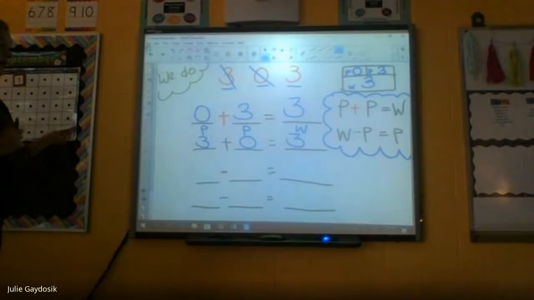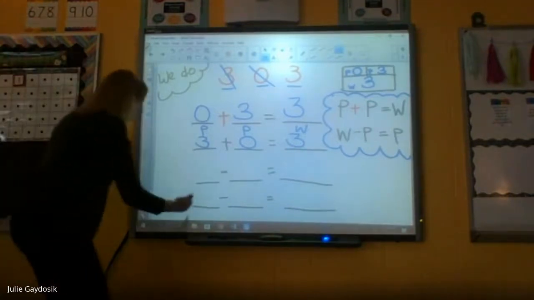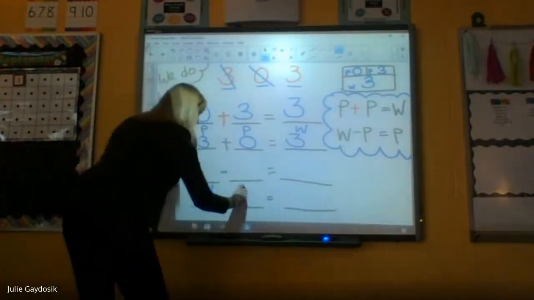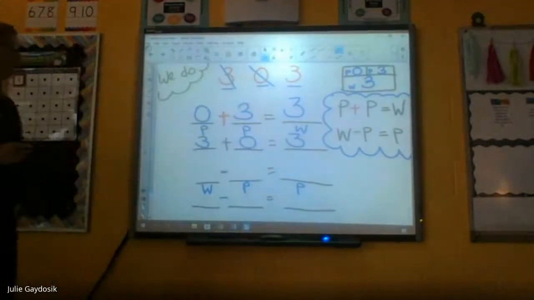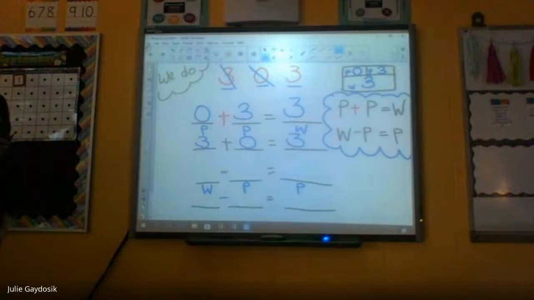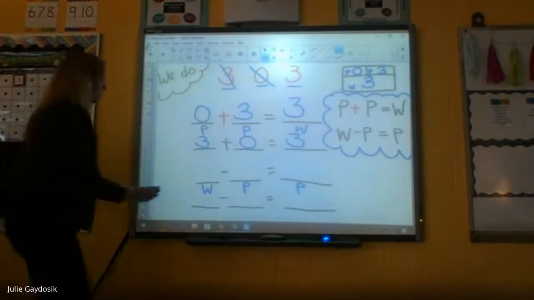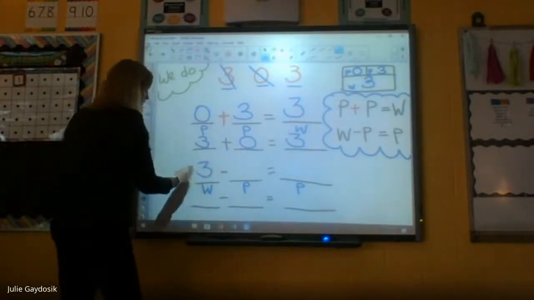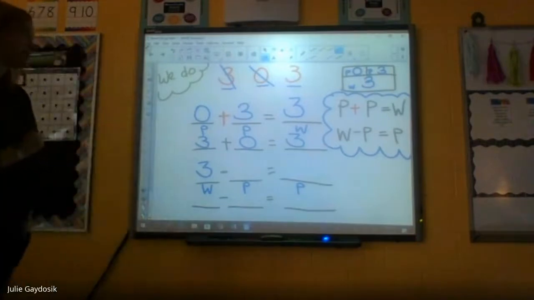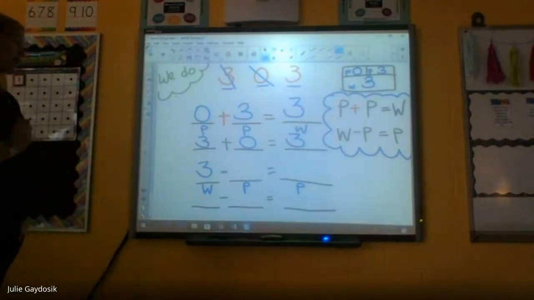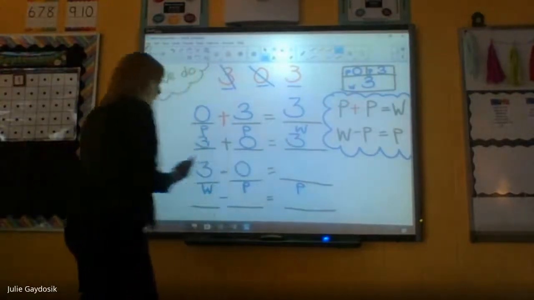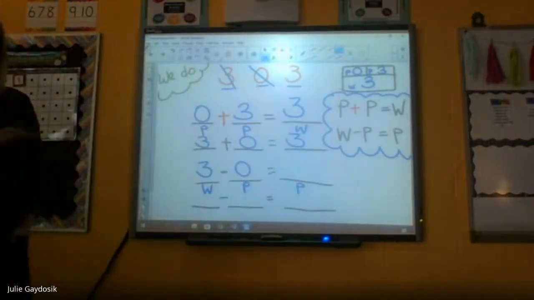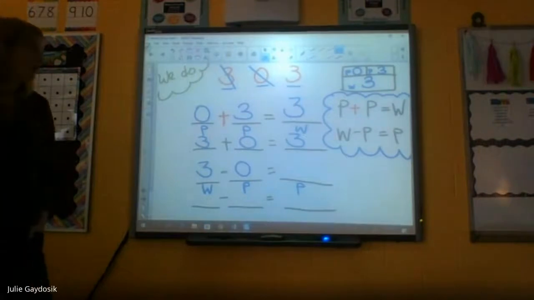Now, I'm going to do whole minus part equals part. So if you have to, go ahead and write that under your lines to help you out. Now, what is my whole number? That's right. My whole number is 3. 3 minus a part. What is one of my parts? 0. 3 minus nothing. 3 minus 0 equals what? My other part.